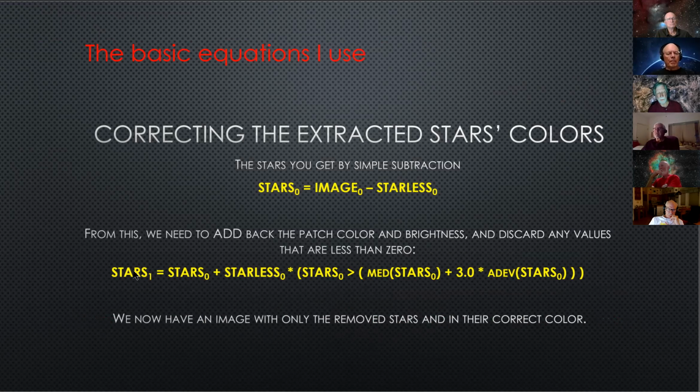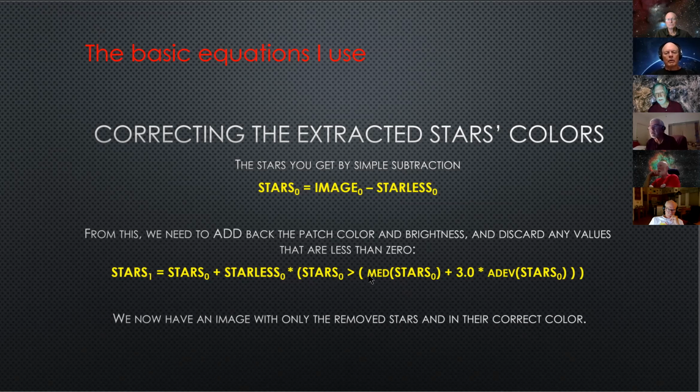The stars that we want, the corrected stars, are these stars we get from simple subtraction plus something that corrects for them. And this is not going to be a unique equation. This is one I thought up because there's issues with noise, and this equation kind of helps with noise and a few other things. What it is in fact, you're taking the starless image and multiplying it by these stars. This is actually an if statement in here.